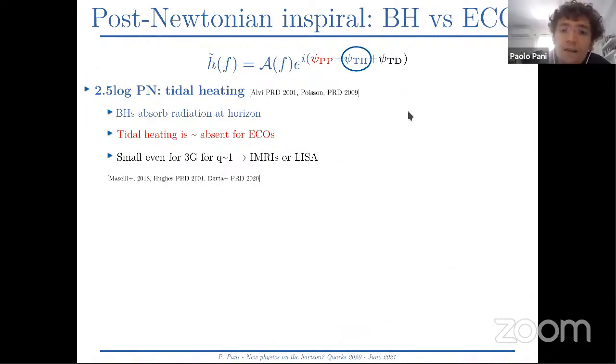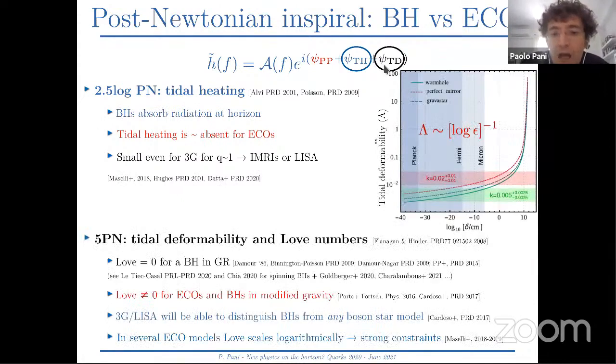Another effect that occurs in the inspiral, actually two effects that are sort of related, are tidal heating, so the absorption of energy at the horizon, if there is a horizon, and the tidal deformability, so the fact that for black holes the multipole moments induced by tidal fields are zero, while for an exotic compact object they are not. So in this sense, an exotic compact object behaves as a big and compact neutron star, so it can be tidally deformed, and this effect plays a role in the waveform.